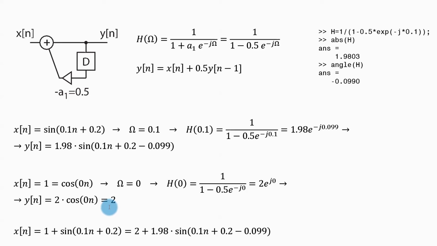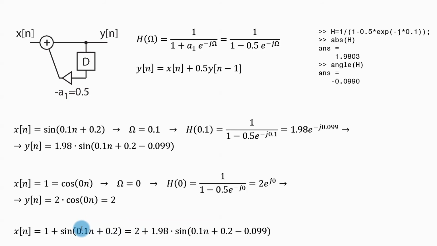Last, what if I combine different sines and cosines? What if I combine at the input of the filter, for example, this one, which is cosine at zero frequency, and this sine, which sits at frequency of 0.1? Well, if you have a combination like this, then you just need to take it element by element. So this is at zero frequency, and it is being transferred like this.